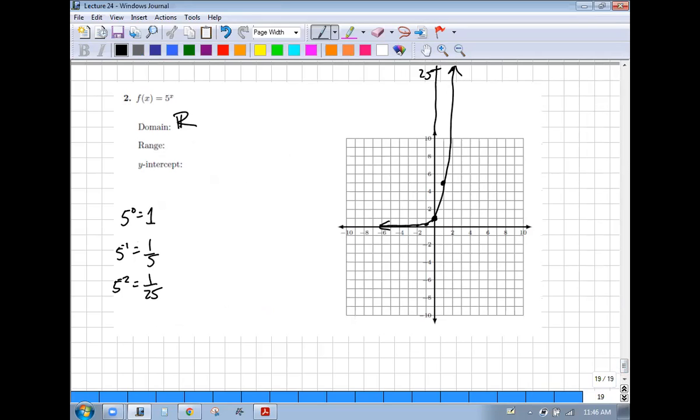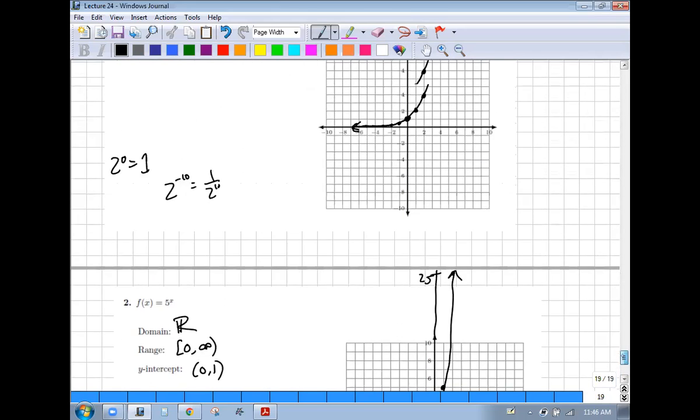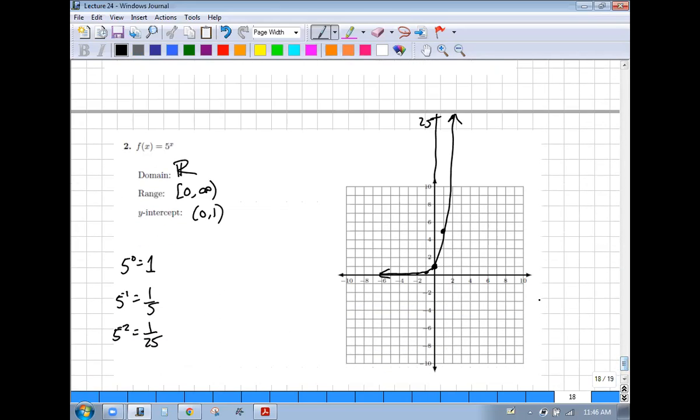Range, it never hits 0, but it goes up forever. Y-intercept is (0, 1). So same answers: all real numbers, 0 to infinity, (0, 1). All exponential functions have the same domain, the same range, and the same y-intercept.